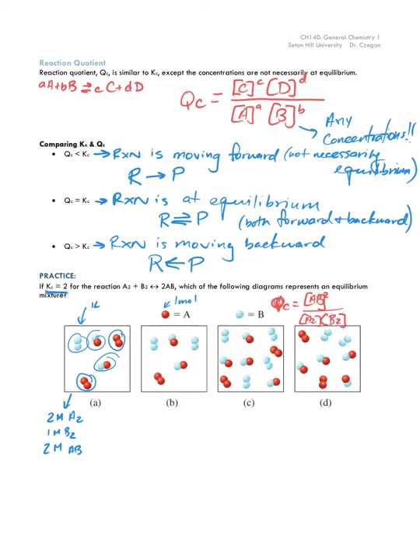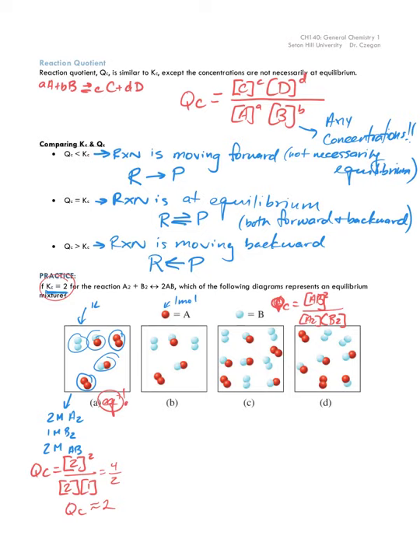So in this first one, Qc is going to be equal to 2 squared over 2 times 1 molar. This is going to give us 4 over 2, or 2. Qc is 2, Kc is 2. So that means box A is at equilibrium.